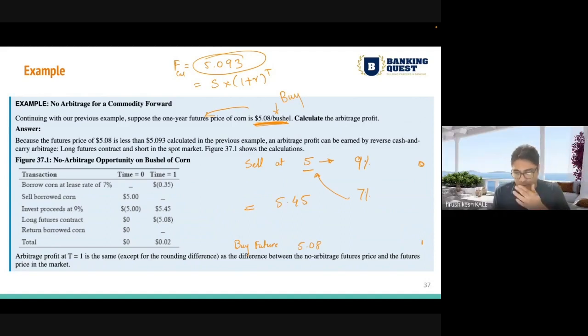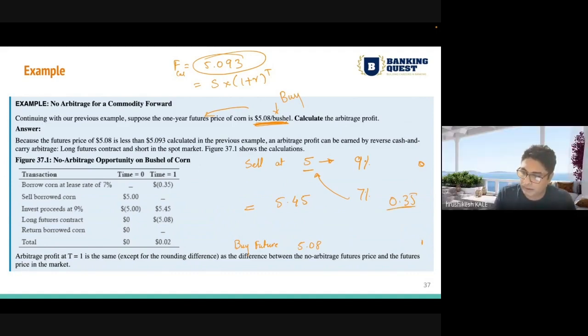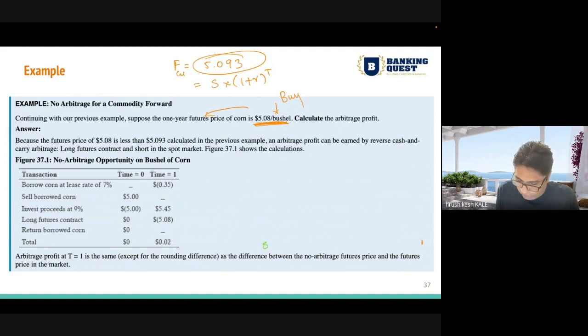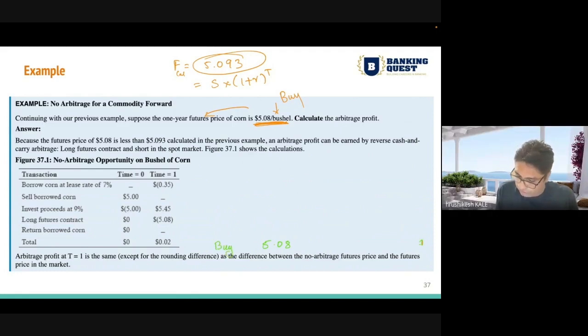7% of 5 comes out to be 0.35. Okay, let me just rewrite it. It will be easy. Yeah, sorry guys. So basically, you buy it at 5.08 after 1 year. You sell today at 5.